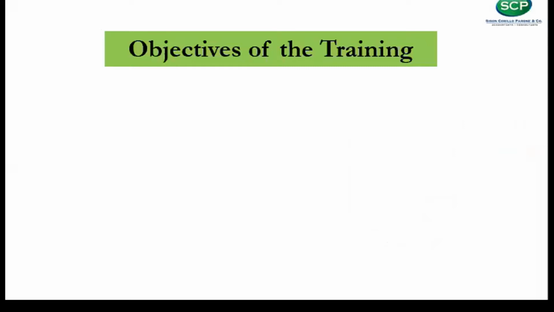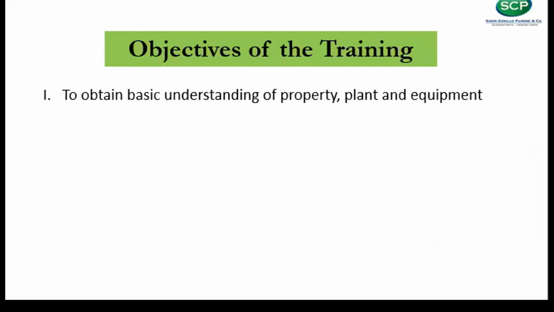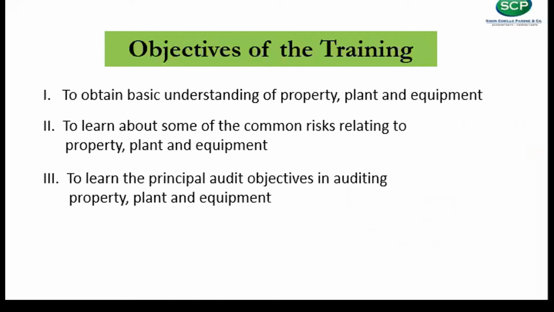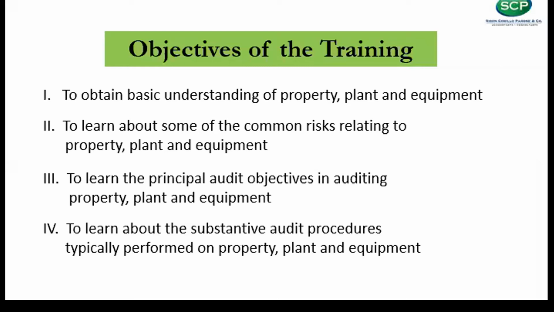At the end of this training, I hope that you would have gained a basic understanding of property, plant, and equipment, learned about some of the common risks relating to property, plant, and equipment, learned the principal audit objectives in auditing property, plant, and equipment, and finally, learned about the substantive audit procedures typically performed on property, plant, and equipment. This training will be conducted in the same order as these training objectives.